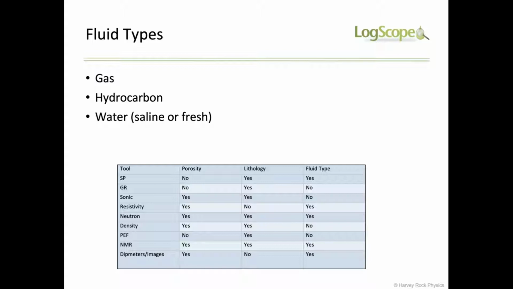NMR is able to distinguish between porosity, lithology, and fluid type, and dip meters and images, which is a conductivity measurement, measure porosity and fluid type. Practically, they are measuring differences in the conductivity flow in the near wellbore environment.